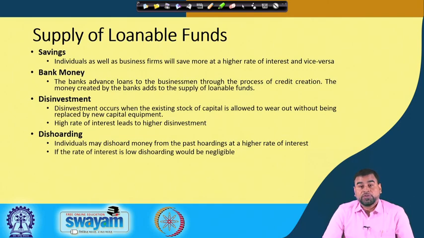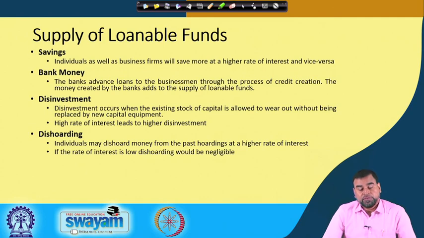At that particular point of time, what is happening? The producer may not demand that money because the cost of capital, or the cost of raising that fund, will be costlier for them. But on the saving side it will increase, which means the supply of funds will be more, but demand for funds will not be there.